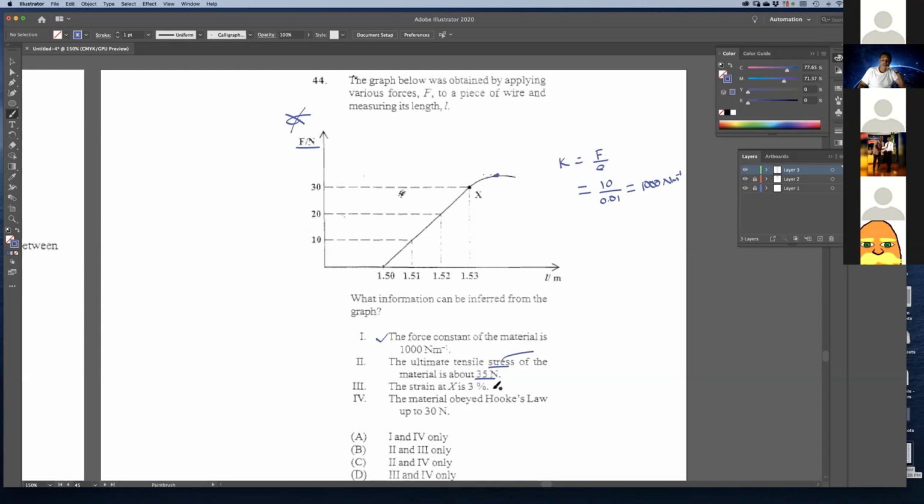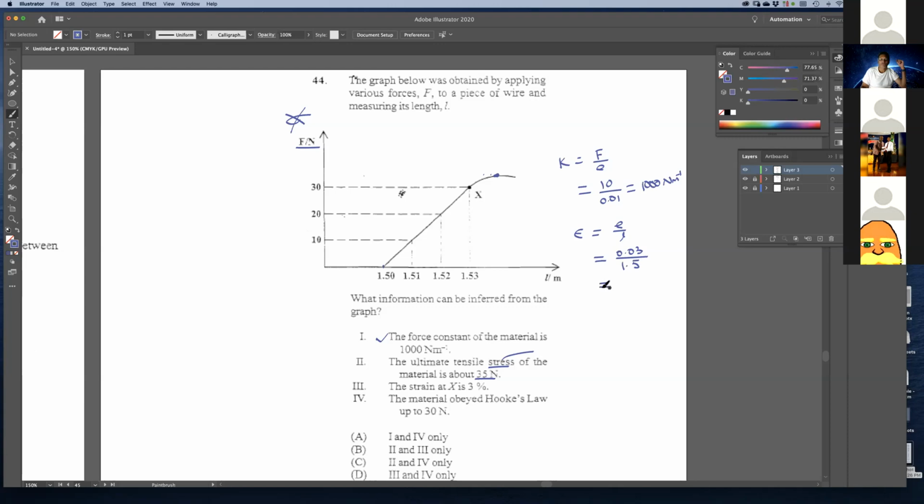The strain at X is 3%. Strain is extension over original length. The extension from here to here is 0.03. The original length I would call here, which is 1.5.